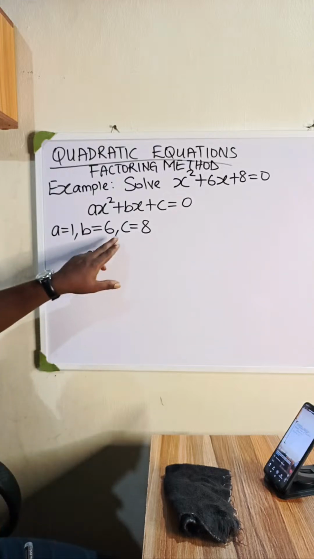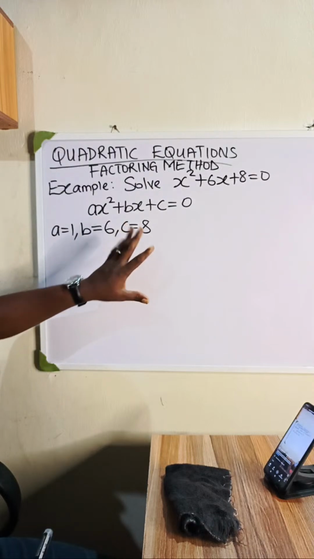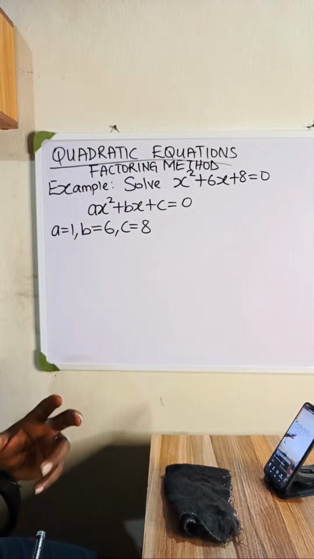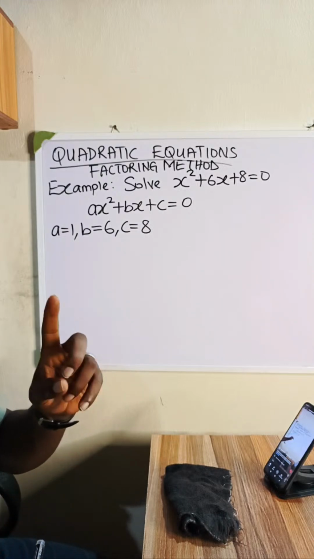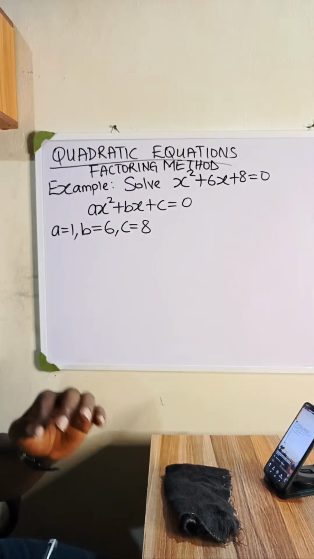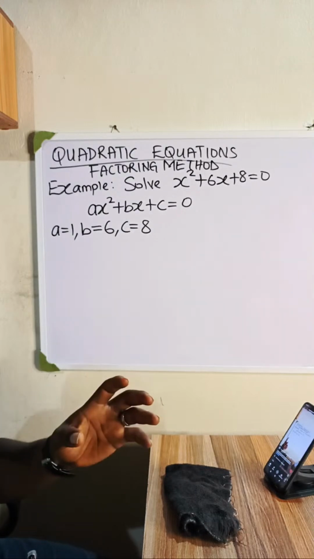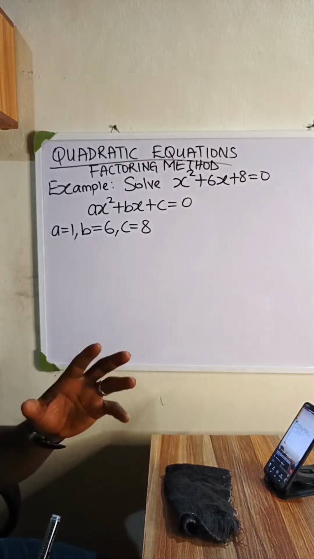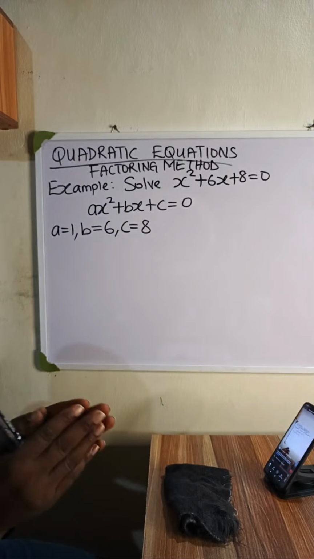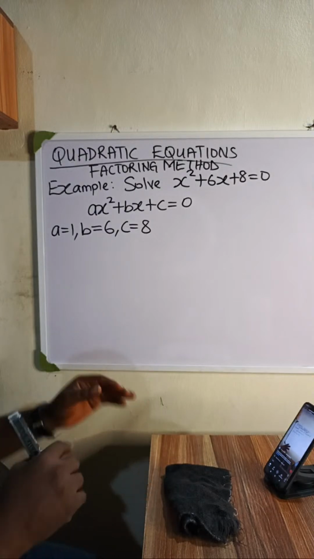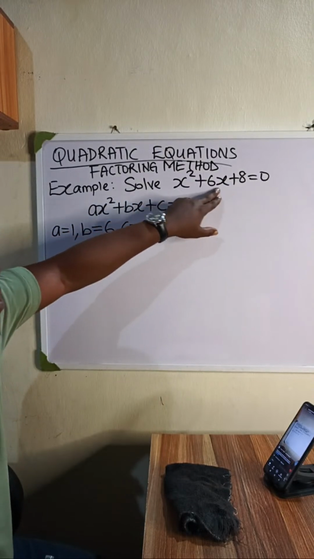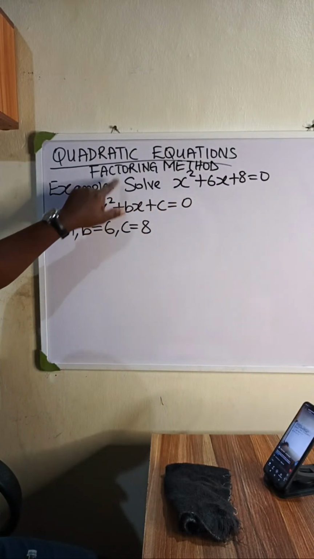So for factoring method, the next step is we are going to look for two numbers. Remember, in one of our previous classes, we learned how to factorize algebra, and we looked at how to factorize by grouping. But if you have a question like this, you cannot factorize by grouping. But the method we want to apply is the factoring method.